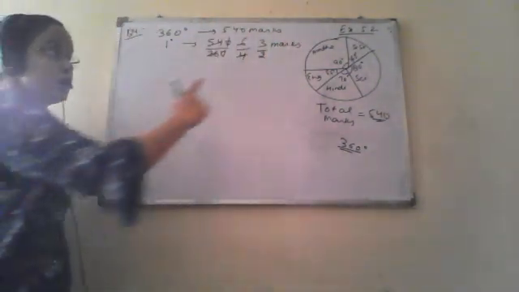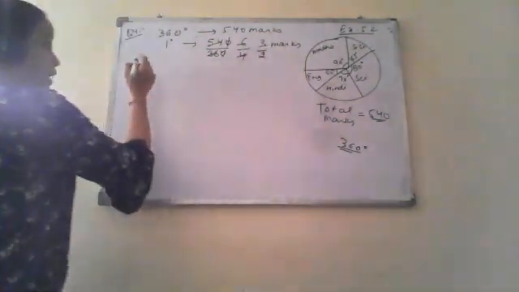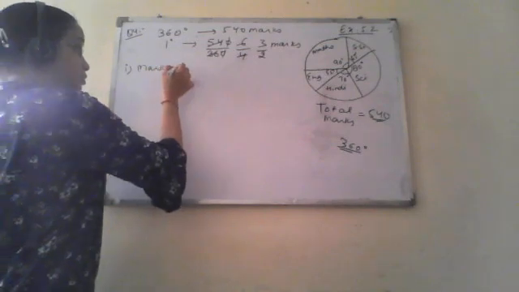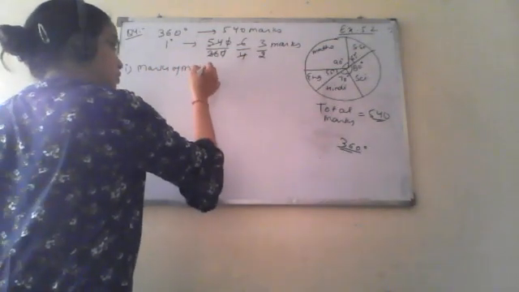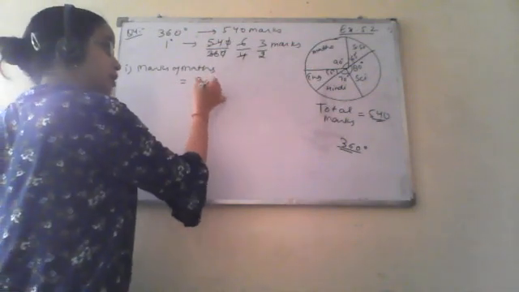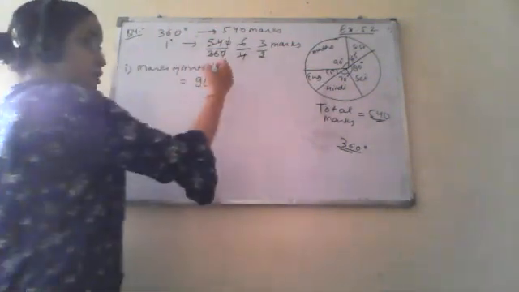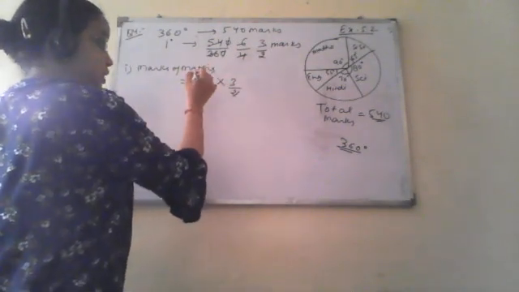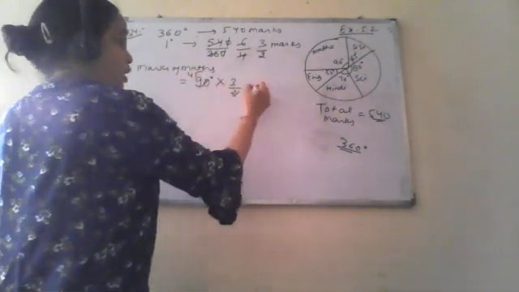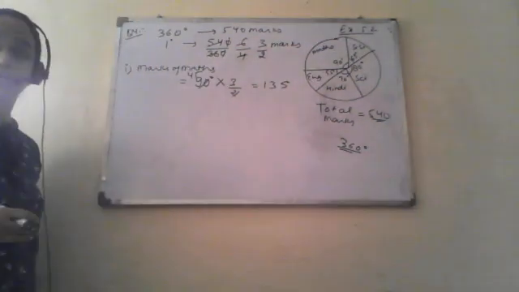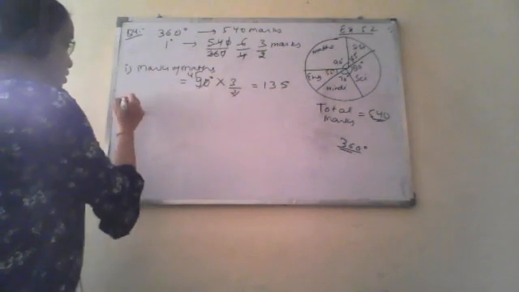Now how will we calculate? For calculating marks of maths, this is how many degree? 90 degree, and 1 degree equals 3 by 2 marks. We will directly multiply. So it is 45, and this is 135 marks. So marks of maths are 135.